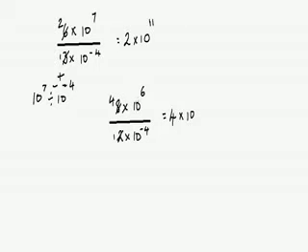Now I've got 10 to the power of 6 divided by 10 to the power of minus 4. So 10 to the power of 6 divided by 10 to the power of minus 4. Because I'm dividing, I take away. So I've got 6 minus 4. So 2 minuses give me a plus. So 6 plus 4 gives me 10. So that's my final answer.